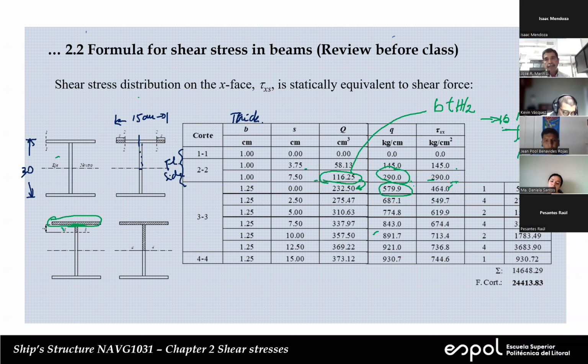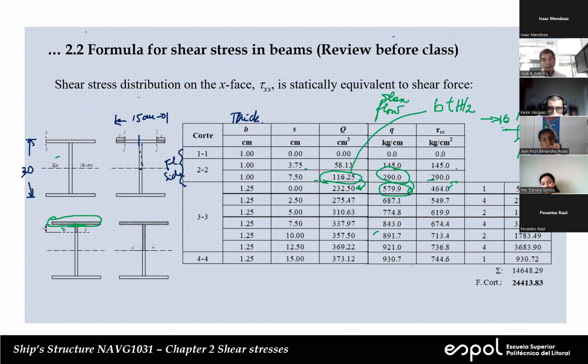Well, there is a very small error because this should be 580. It's very close to that. And remember, this is a shear flow. That's what is so interesting, right?